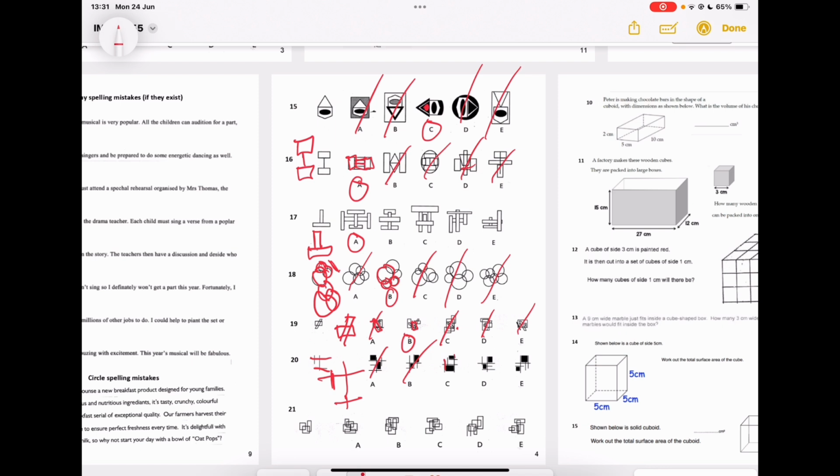The one here is going to be this one. And the one here is this one. And the one here is this one. So this one has been added to throw you off. And that's our answer, C.